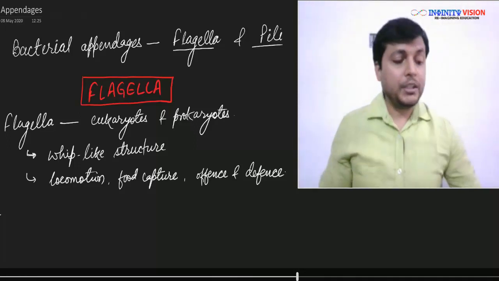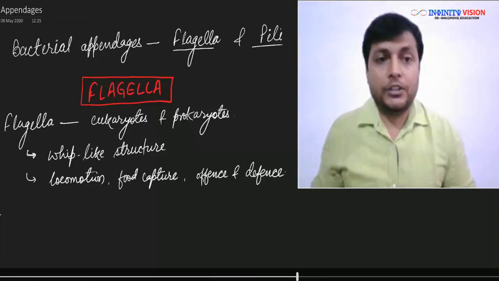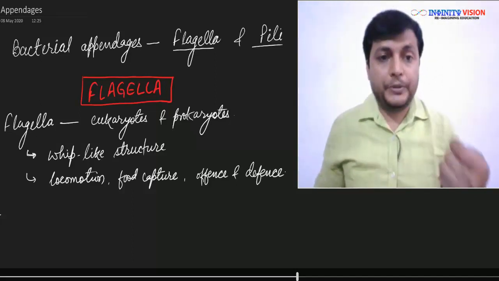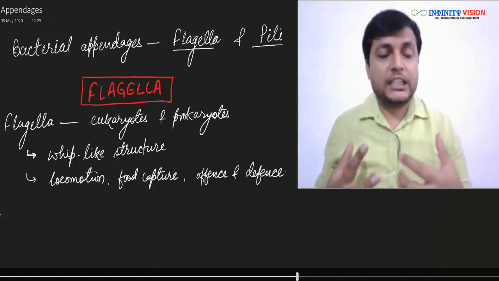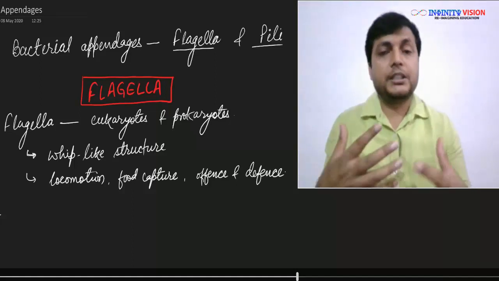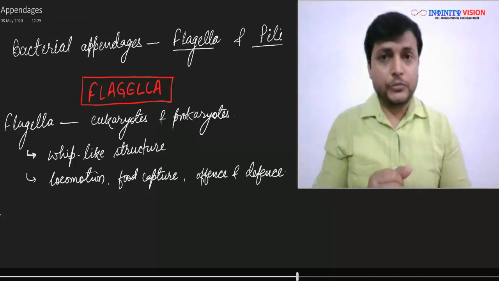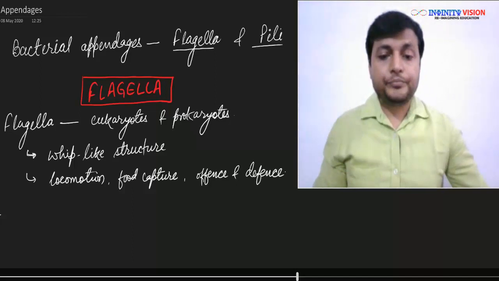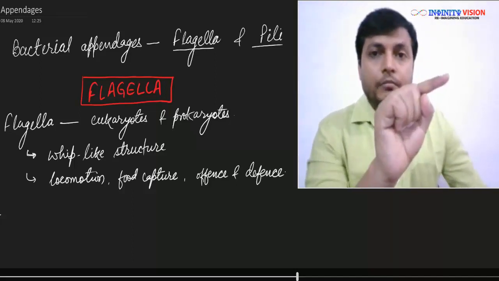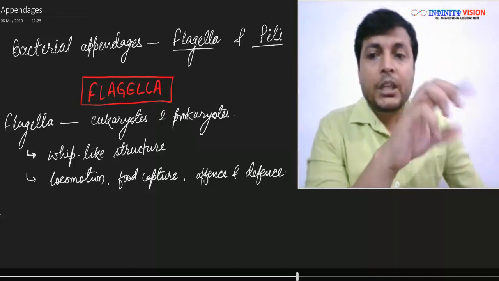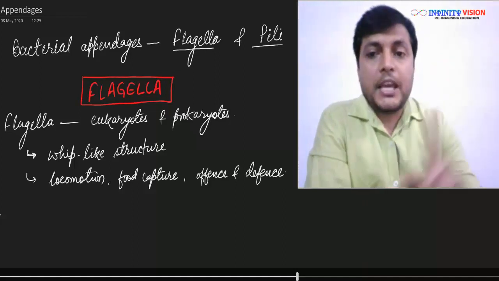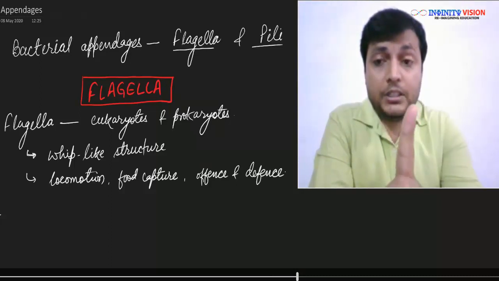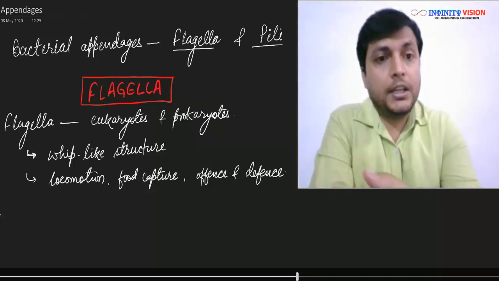Whether it is in a eukaryotic organism or in a prokaryotic organism, the flagella is always like a whip, and its role is to help in movement and locomotion, food capture, or offense and defense. Note that this flagella has the same function and almost the same appearance. I'm not saying structure, I'm saying appearance, right? Same appearance and same function in both eukaryotes and prokaryotes.